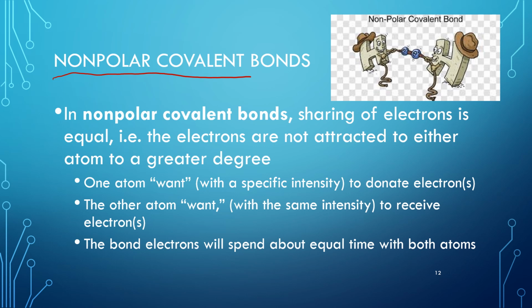And by sharing equally, it means that the electron is right in the middle between the 2 atoms. So if they are in the middle and are being shared equally, it's called a nonpolar covalent bond. So in oxygen, because the 2 atoms are the same, they're equally sharing. So oxygen, O2, is a nonpolar covalent molecule.